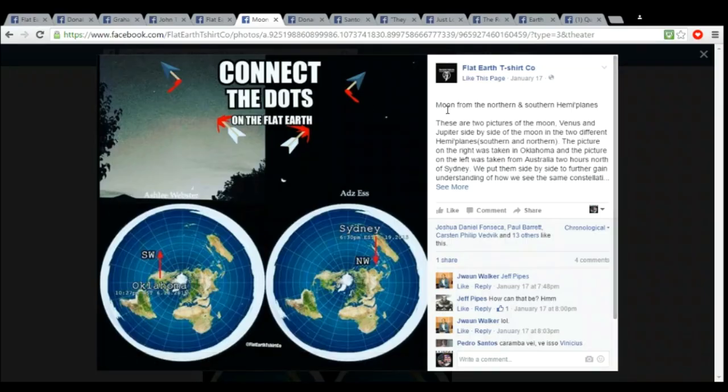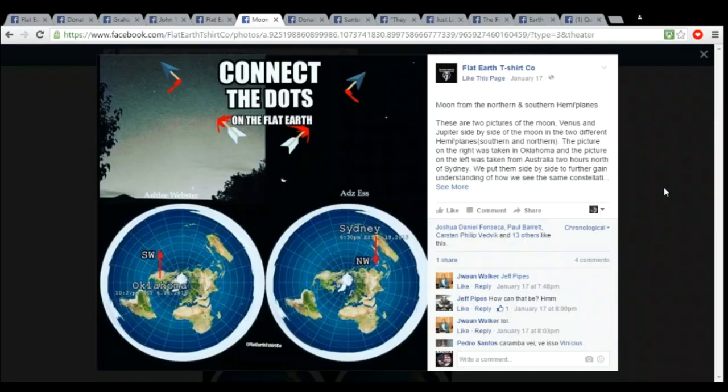So, the moon from the northern and southern hemiplanes, or hemispheres, if you still believe that. These are 2 pictures of the moon and Venus and Jupiter side by side in 2 different hemiplanes, south and north. The picture on the right was taken from Oklahoma, and the picture on the left was taken from Australia, 2 hours north of Sydney.